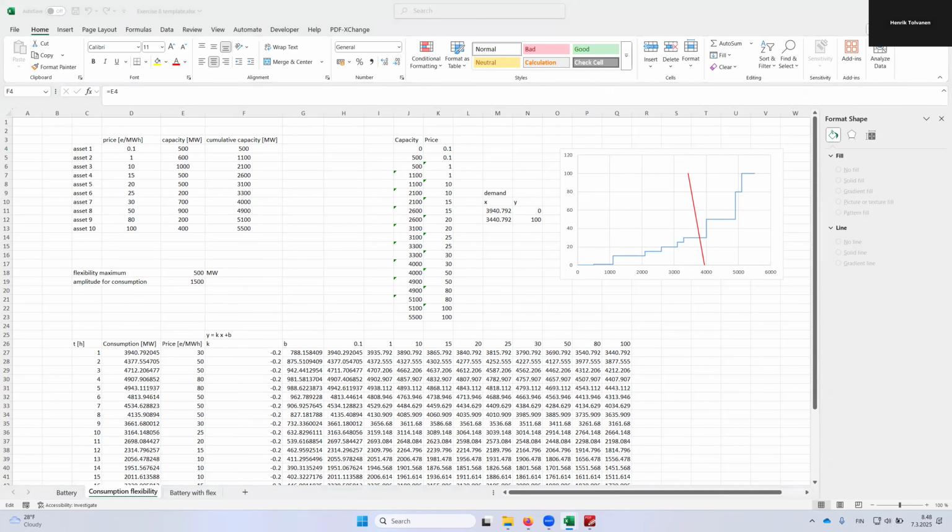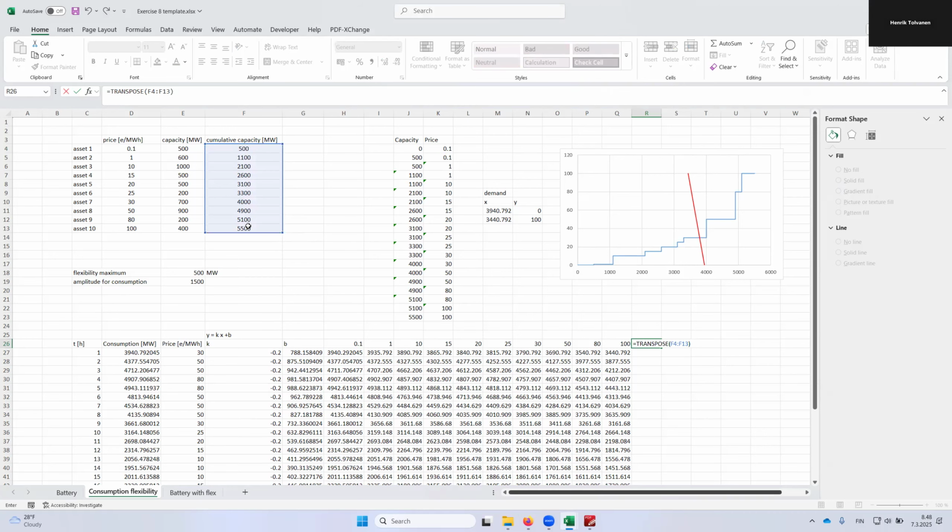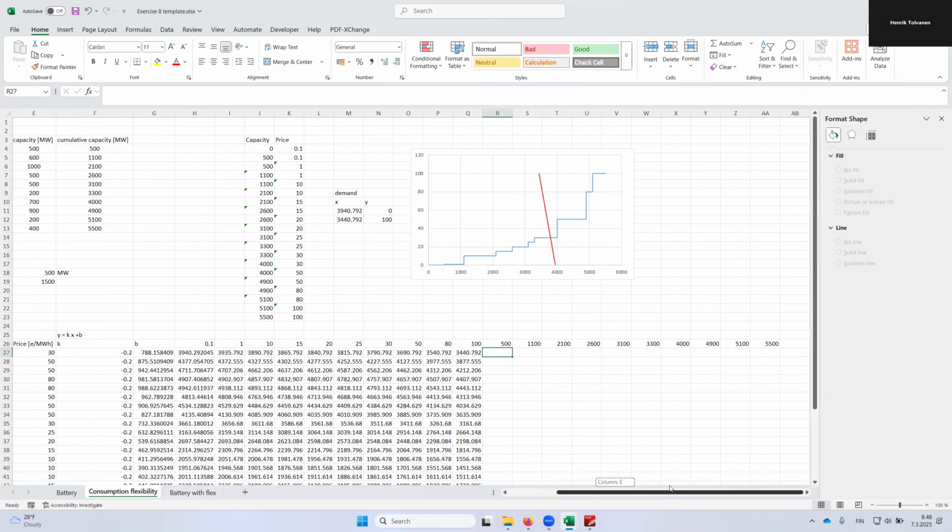So I'm just going to say that actually it might be beneficial to put the transpose of these ones in here. So we're going to see whether this value in here falls below this one. So let's see if this value in here is below this one.